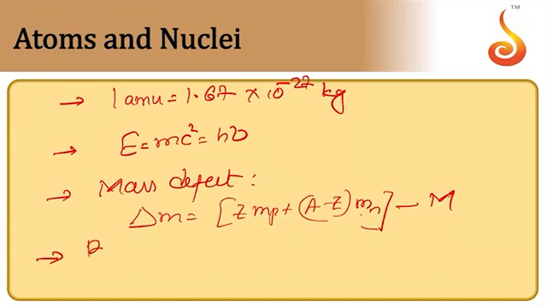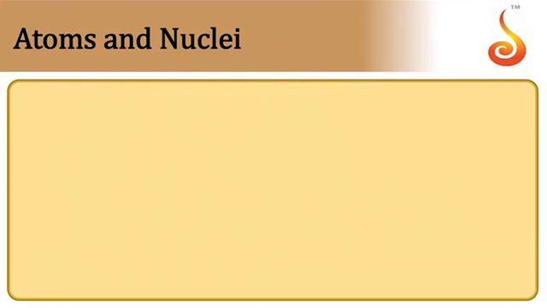And corresponding to mass defect, if I convert that into energy, the energy I get is known as binding energy, the energy equivalence of mass defect. So how do I get that?